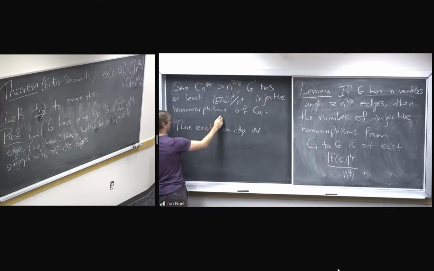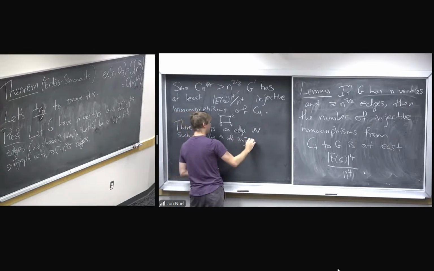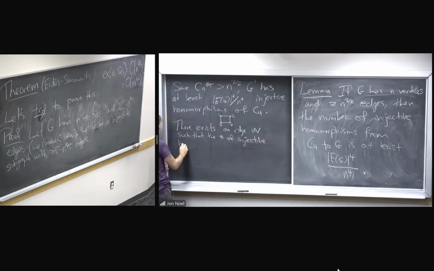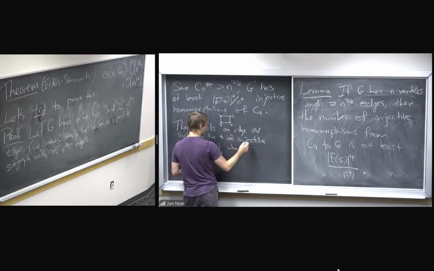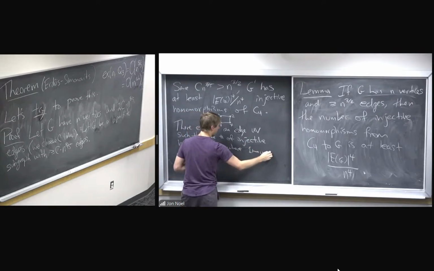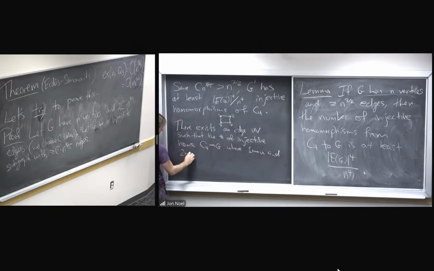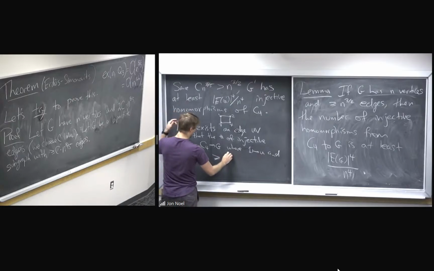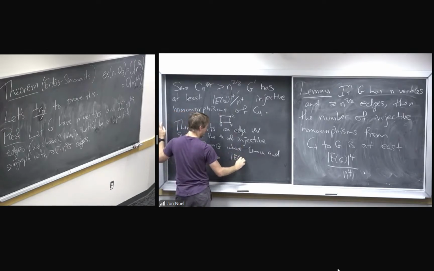Well, let's write it like this. Imagine the 4 cycle is labeled 1, 2, 3, 4. So there's an edge UV such that the number of injective homomorphisms of C4 to G, where 1 maps to U and 2 maps to V, is at least, I'm going to divide this by the number of edges of G prime, which just cancels one of them from the top.